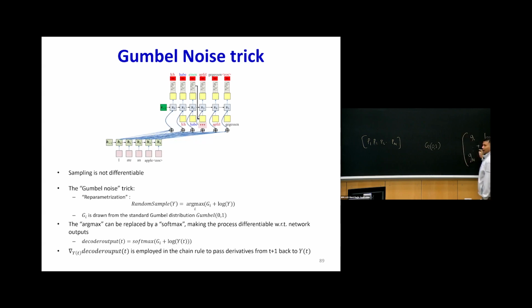And then if I perform an argmax on this, it turns out that the distribution of the argmaxes of these vectors will be the same as P1 through Pn. That's just a property of the Gumbel distribution. And so because of this, I have replaced the process of random sampling by the process of argmax.